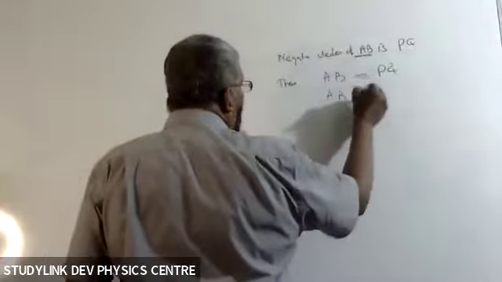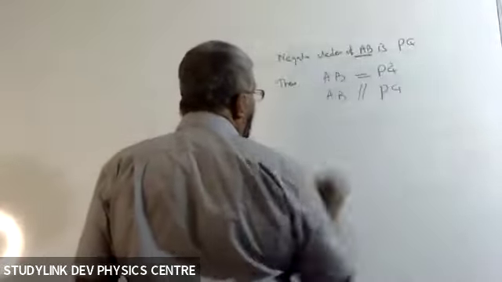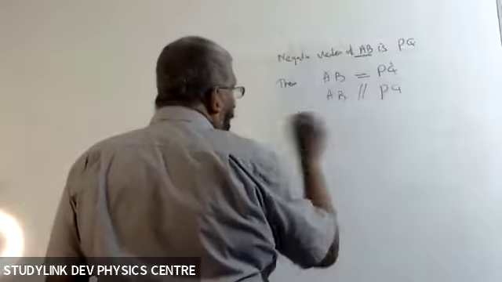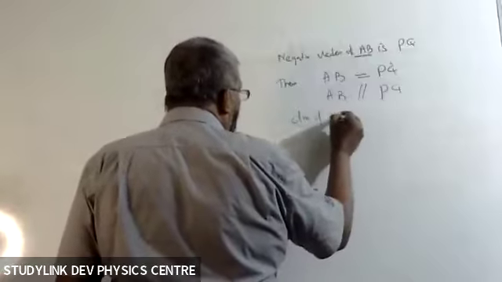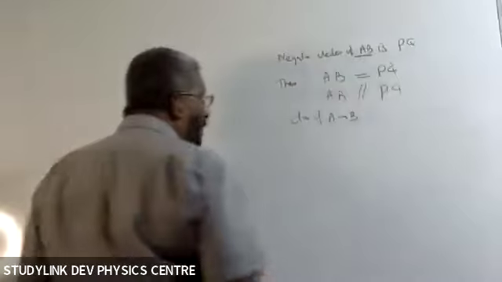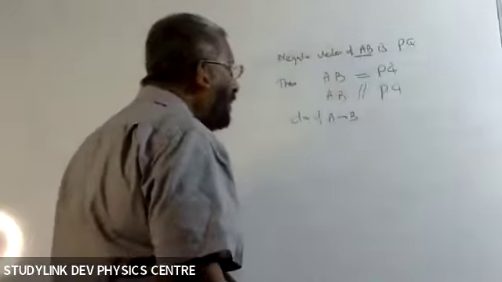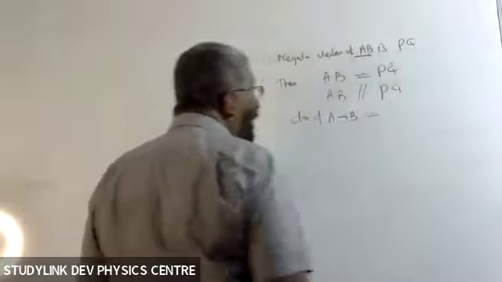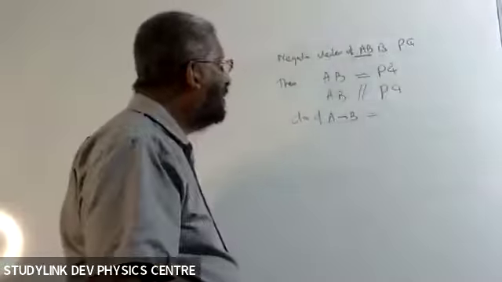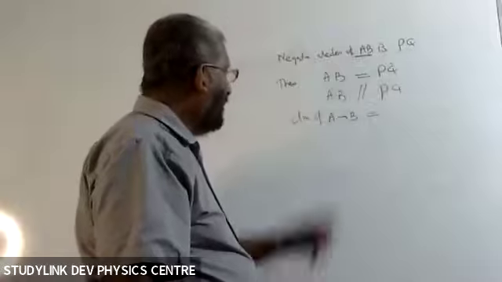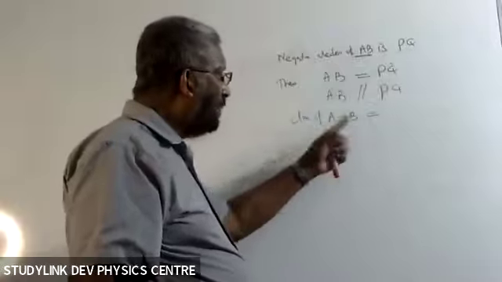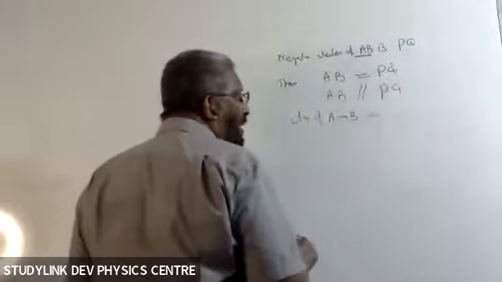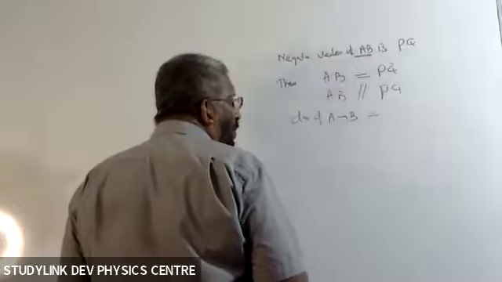AB is parallel to PQ. The direction of A to B must be equal to the opposite direction. The direction of AB is the opposite direction of PQ.